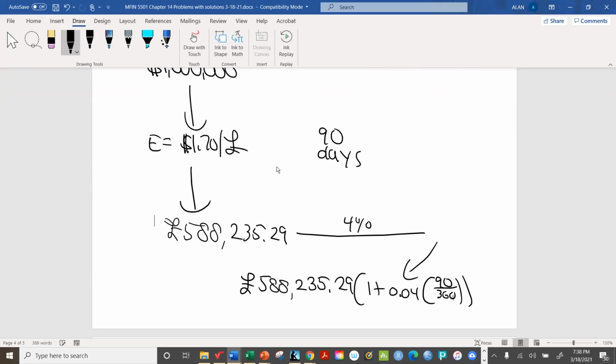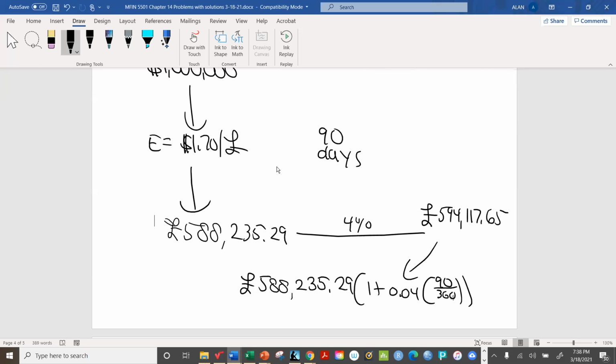So in effect, you're multiplying it by 1.01, or in other words, you're earning 1% over those 90 days. And that brings our balance to 594,117.65.